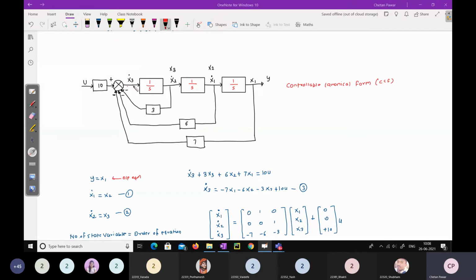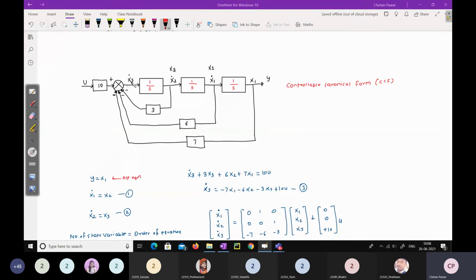So how will we represent x3 bar? Let us see the incoming branches. This is one incoming branch, this is also one incoming branch, this is also one incoming branch, and from the input side also an input is given.